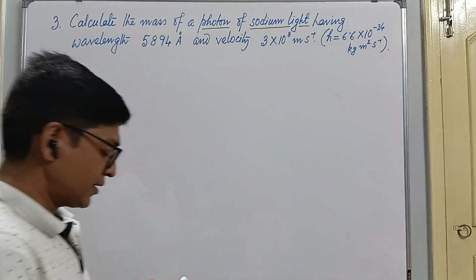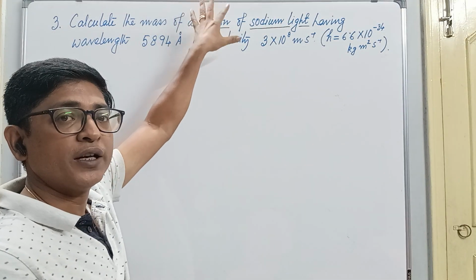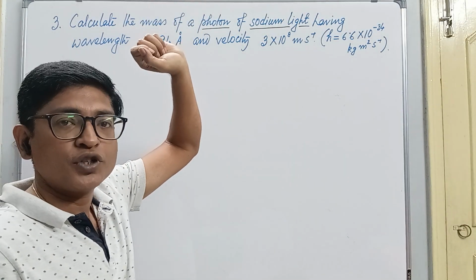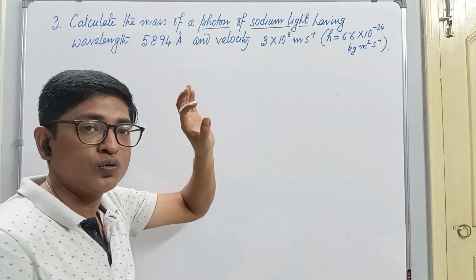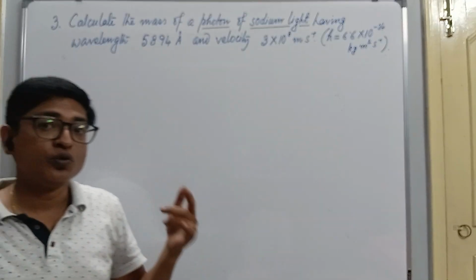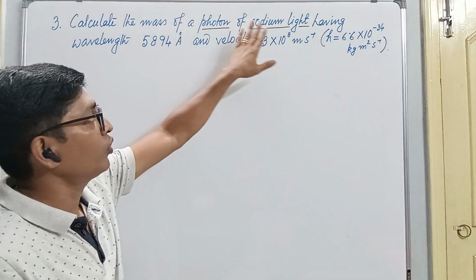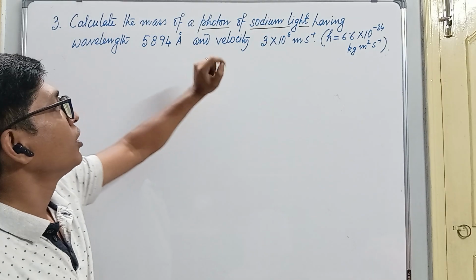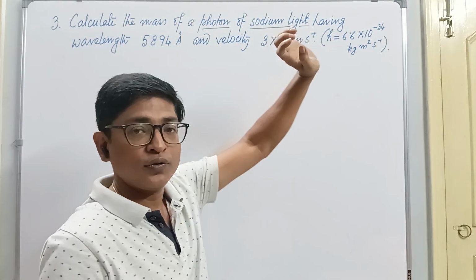Now the question is how to rationalize this and how we can correlate it with the mass of an object. To understand that, we need to remember that we have used radiation in the form of a particle. So here they are actually talking about a particle in the name of the photon that is coming from the sodium.